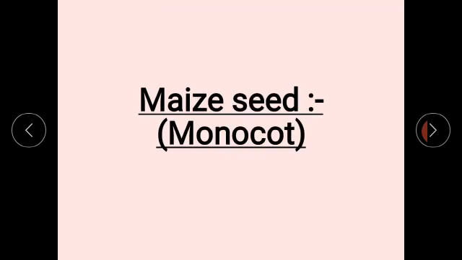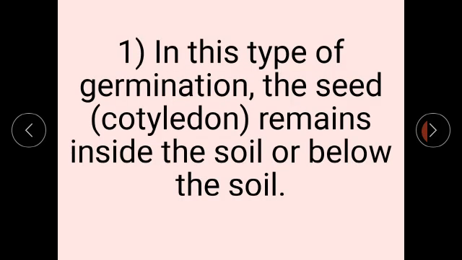Now we will study the maize seed. Maize seed is a monocot seed. What is a monocot seed? The seed which has only one seed leaf. That seed is called a monocot seed. In this type of germination, the seed cotyledon remains inside the soil, or below the soil.